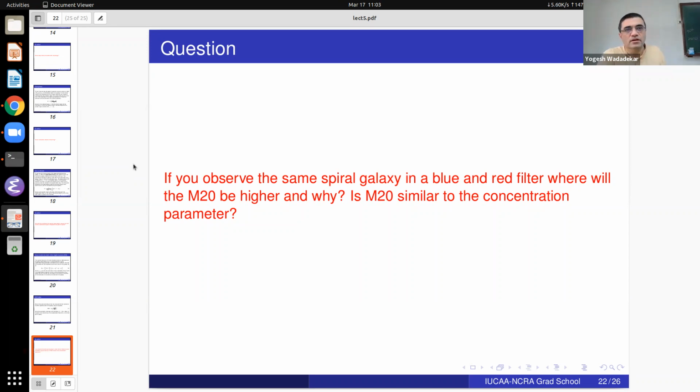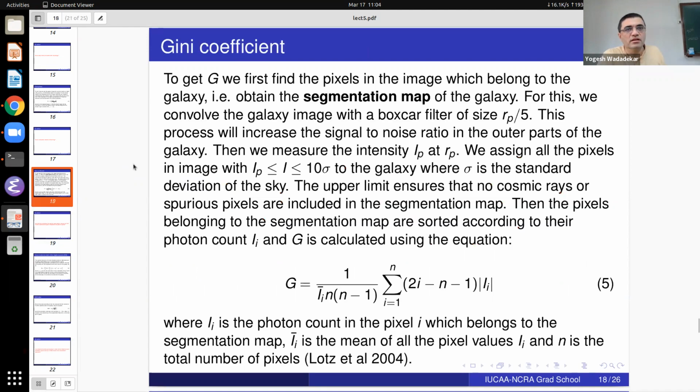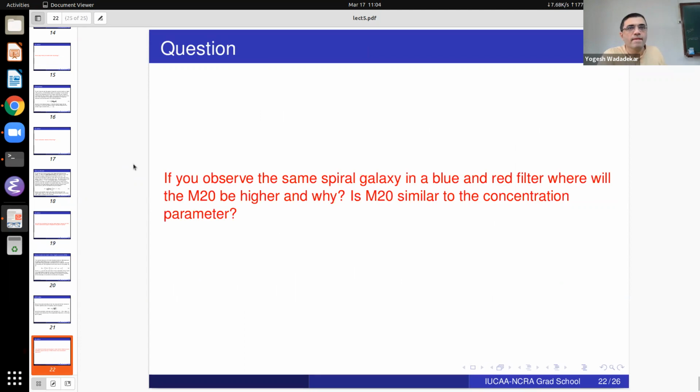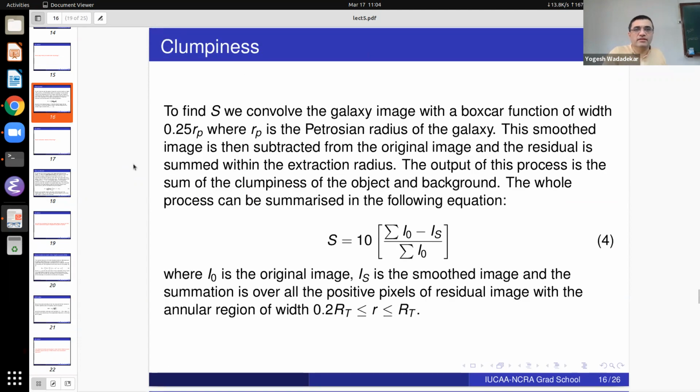Okay, so to come back to your question, you were asking about clumpiness. Here I've said that to measure clumpiness, we convolve the galaxy image with a boxcar function of width 0.25 Petrosian radius.